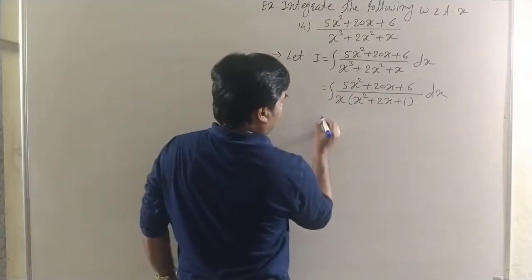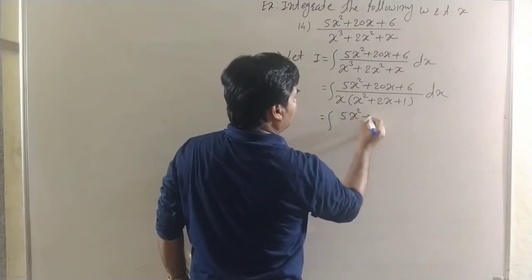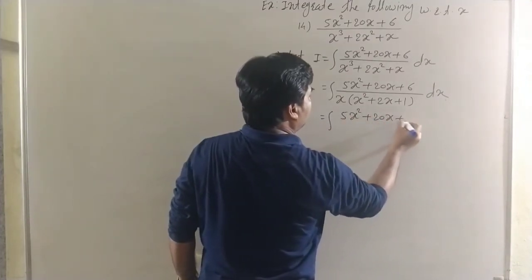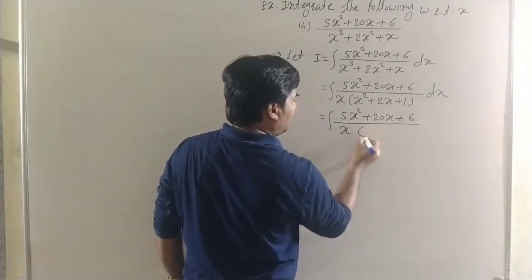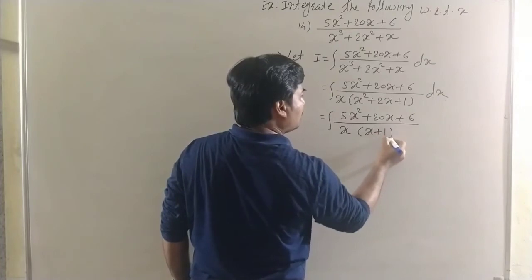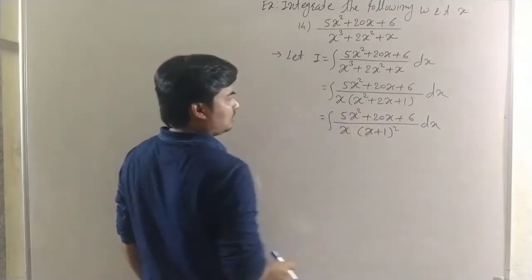Okay, now here it is the integral of (5x² + 20x + 6) upon x(x + 1)² dx.